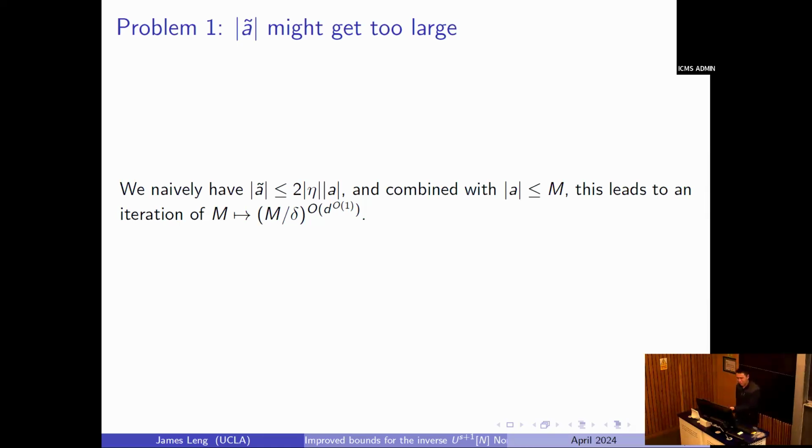And so the L infinity bound of A tilde is also bounded by M over delta to some power. That's pretty bad because M goes to M squared, or even worse than that.